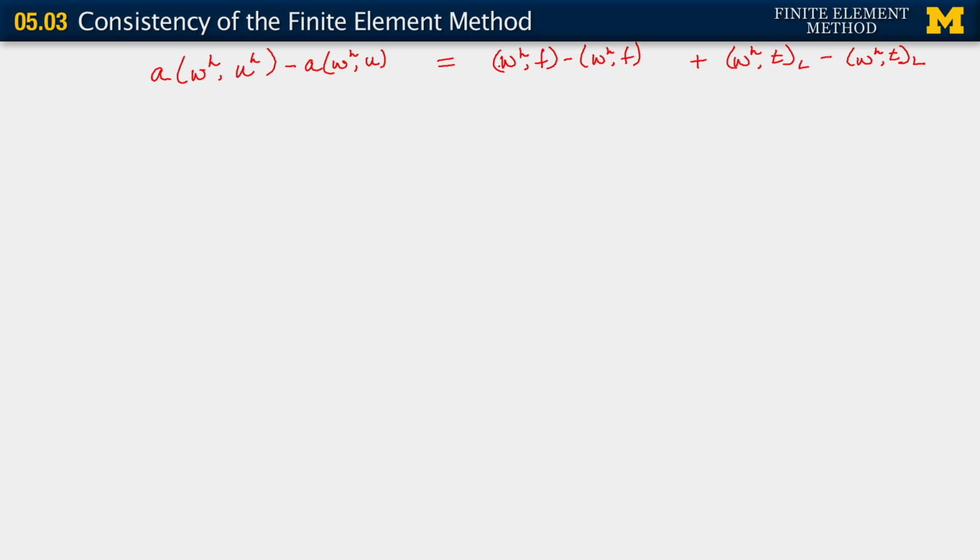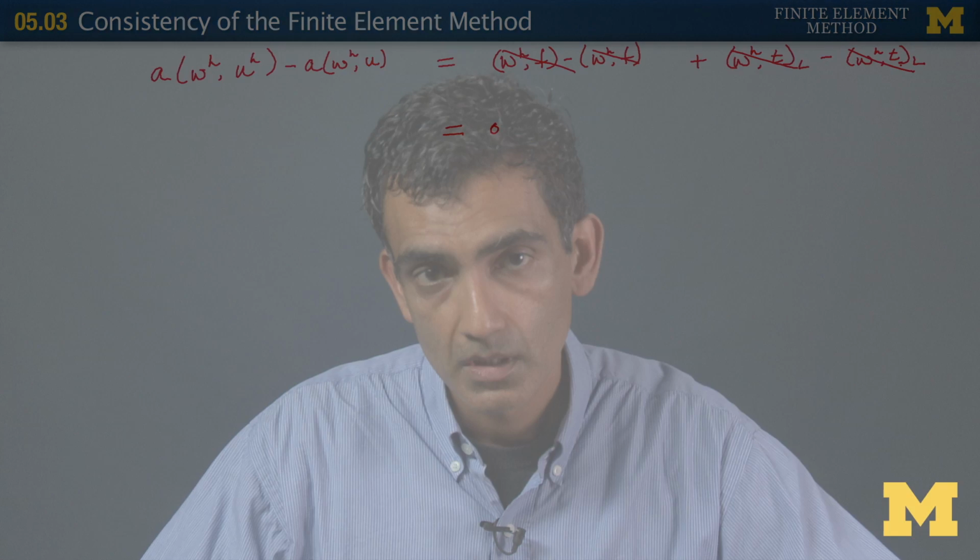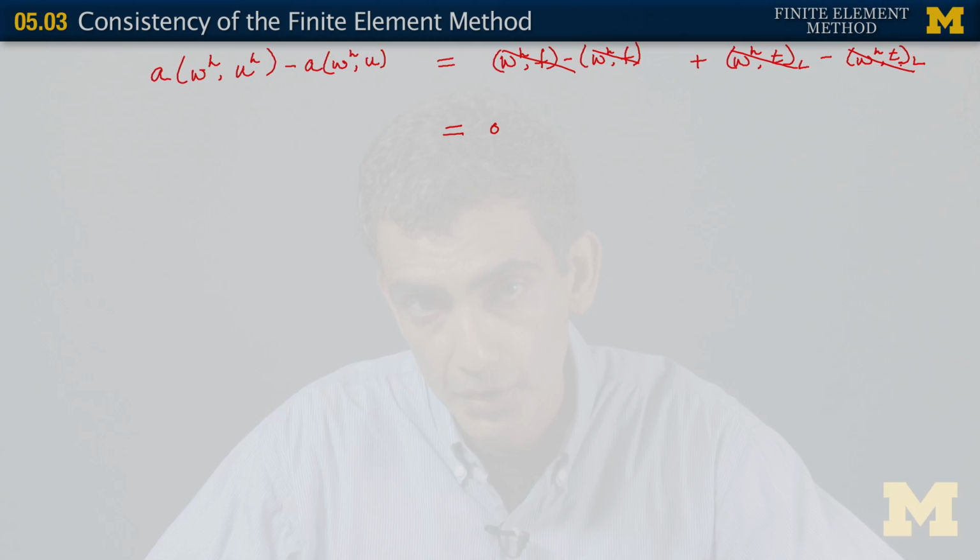So what do you get here? What you see on the right hand side is 0, because these forcing terms exactly cancel out. Now recall that A is a bilinear form, which means it is linear in each of its arguments.